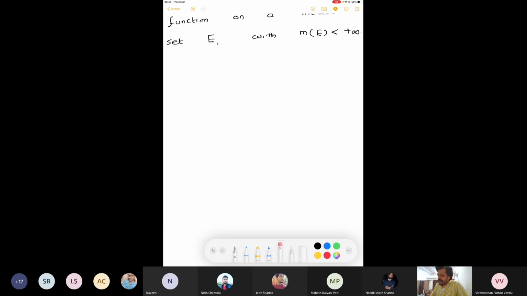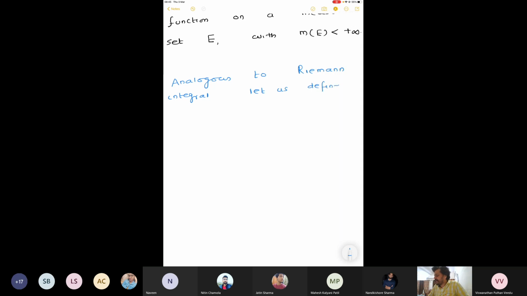So let me write, analogous to the Riemann integral. Let us define. One more thing before writing: instead of saying that you take infimum and supremum and so on, what you can keep in mind is that we are approximating the given function by step functions. Right?